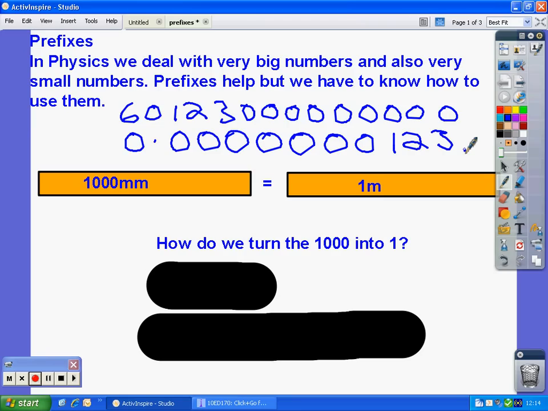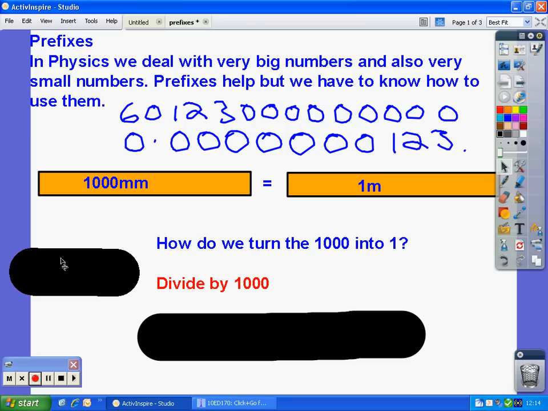A prefix is something that you've seen before and used before. For example, a meter stick is exactly 1,000 millimeters. So if you consider this for a moment, how do we turn 1,000 into 1? Well, the answer is straightforward.